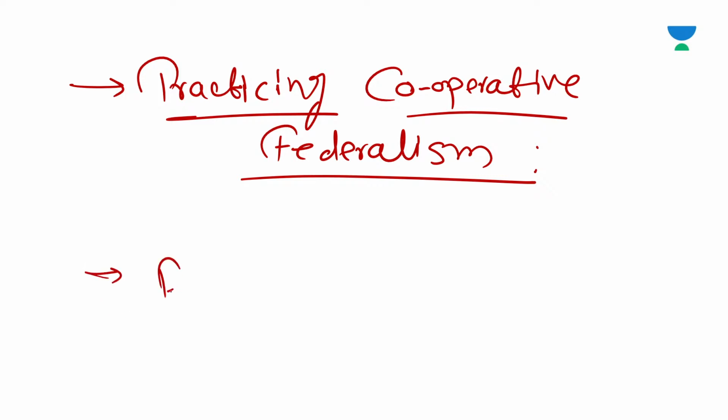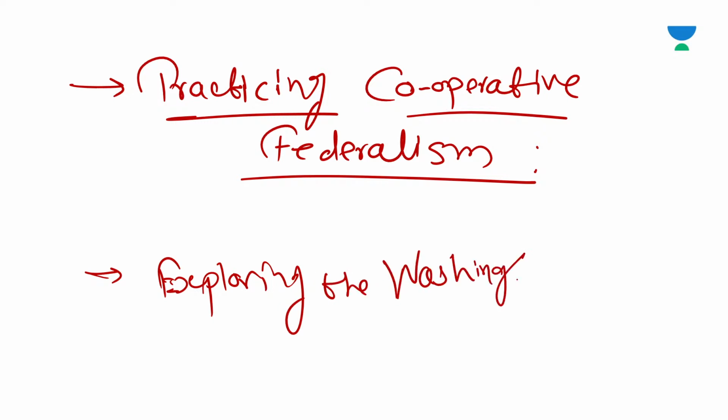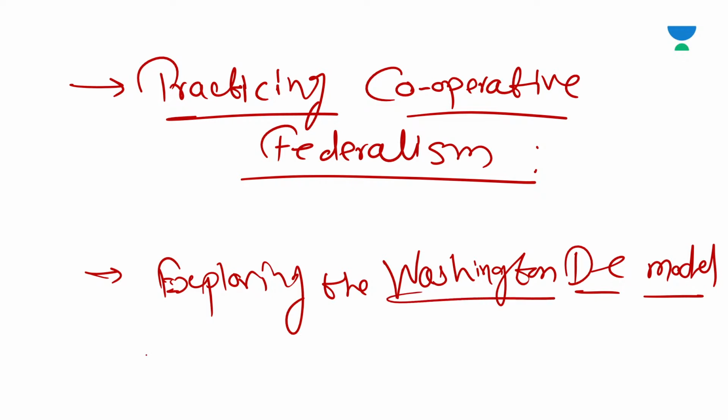Then there is a need to explore the Washington DC model. The Indian government can emulate the model of administrative sharing of power between the union government and the government of union territories.